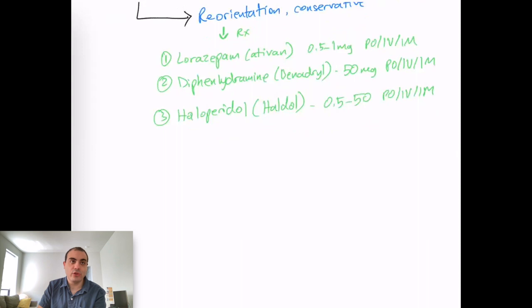What's haloperidol? It's a typical antipsychotic, right? The other antipsychotic that you can give is quetiapine, okay? And again, unfortunately, you need to know the trade names. This one is called Seroquel. And this usually comes in a PO form only.